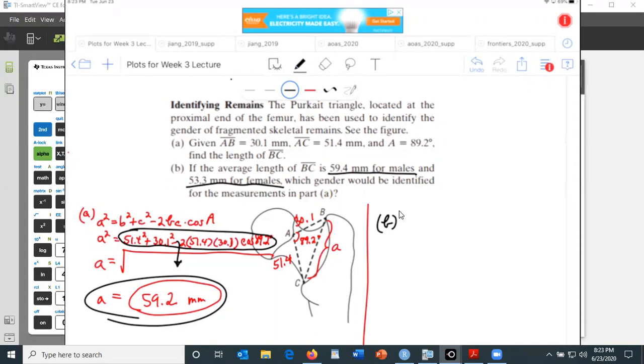So we would say male, because 59.4 and 59.2 are almost the same number. So this particular femur is a little bit bigger, so that would correspond to the remains of what used to be a male. Okay, and that's it for that problem.